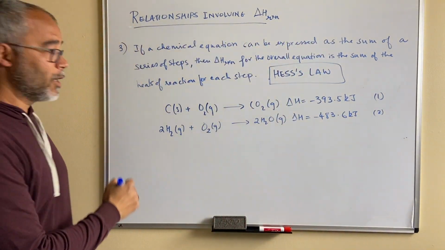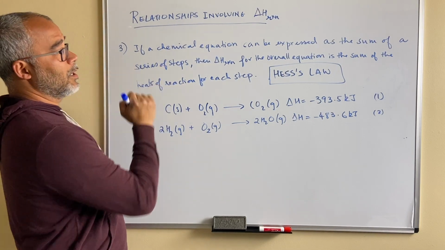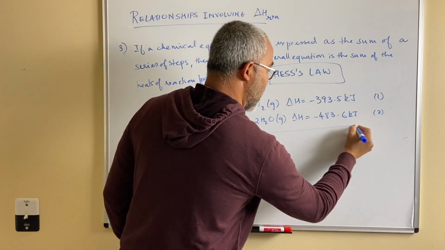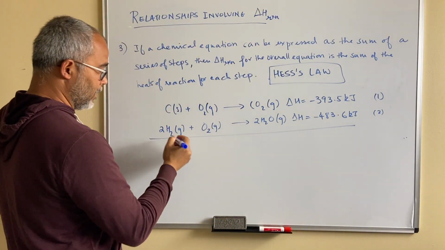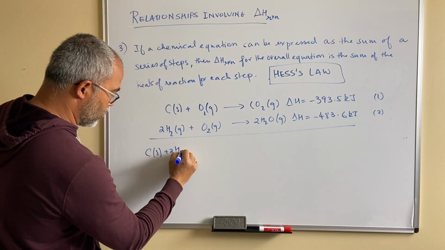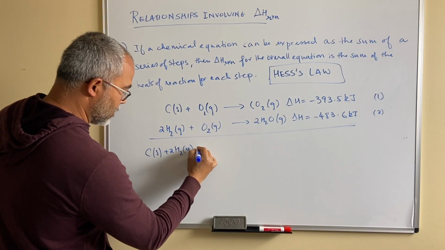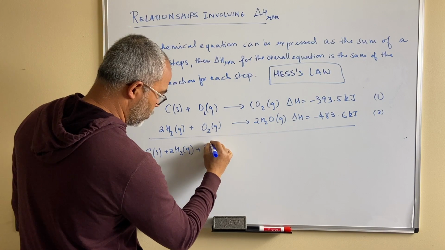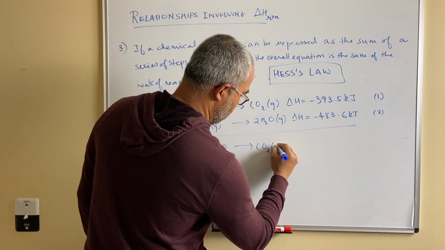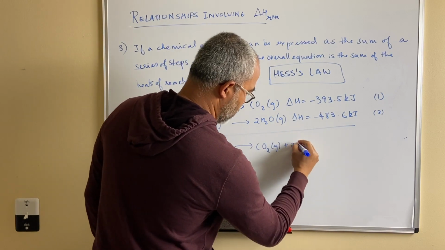Okay, so we have two equations, and what Hess's law says is that if I take these two equations and add them, notice carefully what I'll get. I'll get C solid plus 2H2 gas plus 2O2 gives me CO2 plus 2H2O.